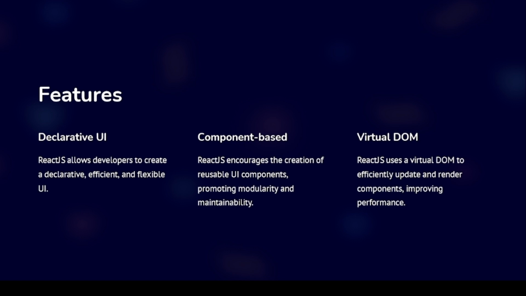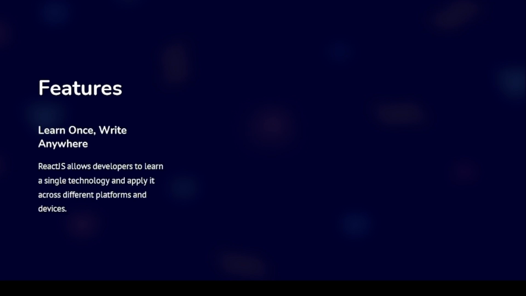Now what are the advantages here? By minimizing direct manipulations to the DOM, that is to the actual DOM, React.js significantly improves the performance. So what happens is that React.js only updates the necessary parts of the DOM, resulting in faster rendering and a smooth user experience.